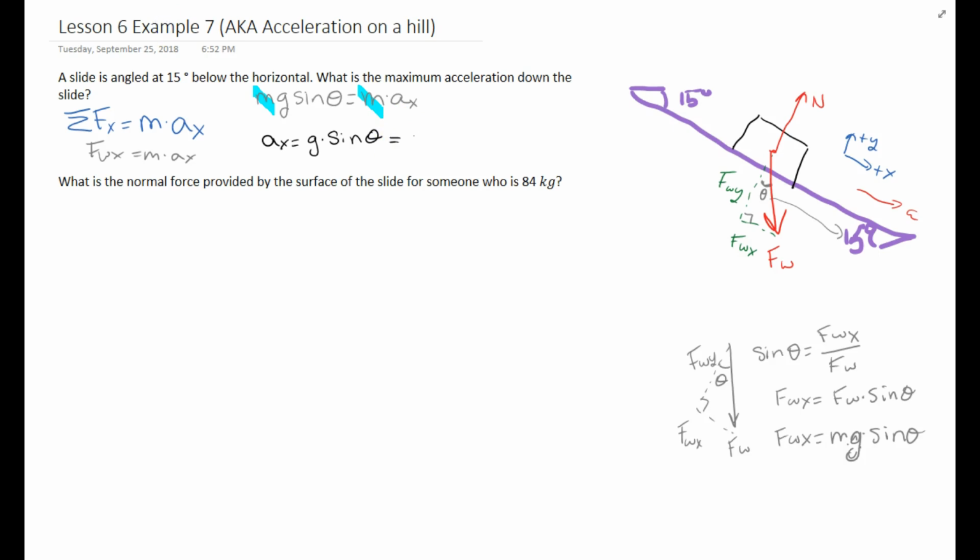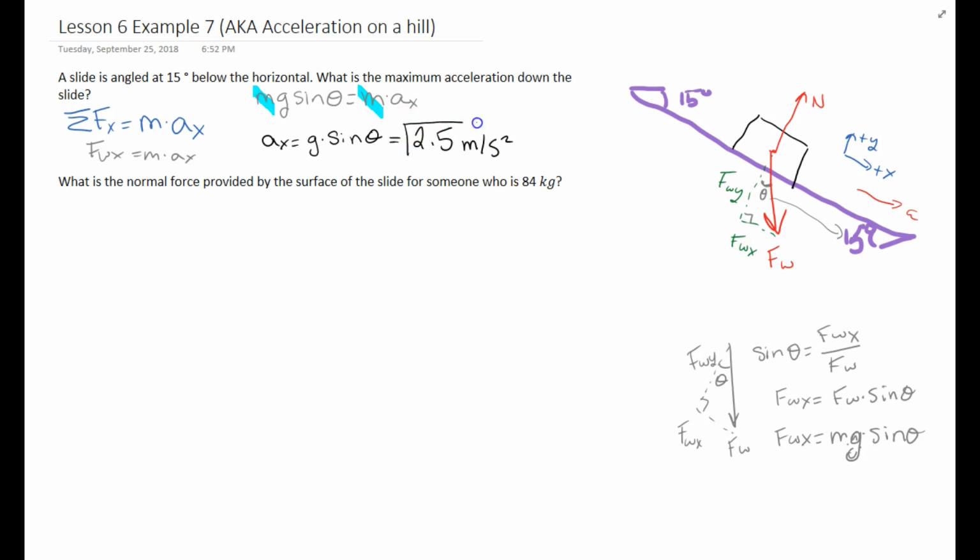In this particular case, we can find out what that is. We do need to assume first that our hill is on Earth, which is an assumption you can make unless otherwise stated. So 9.8 times sine of 15 degrees tells us that we have an acceleration of 2.5 meters per second squared.